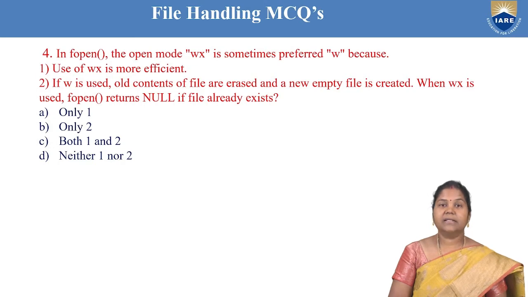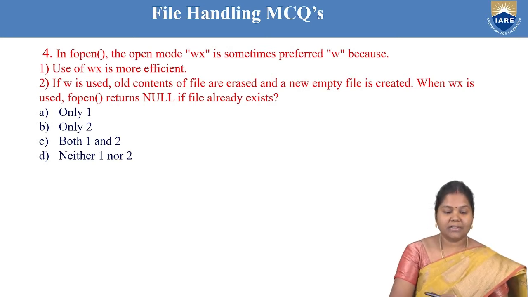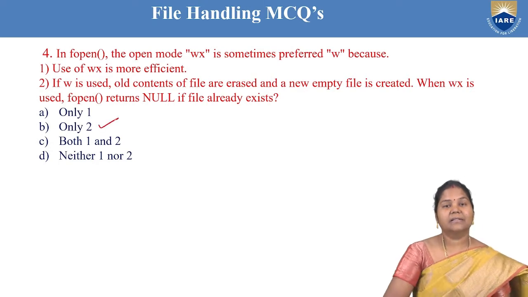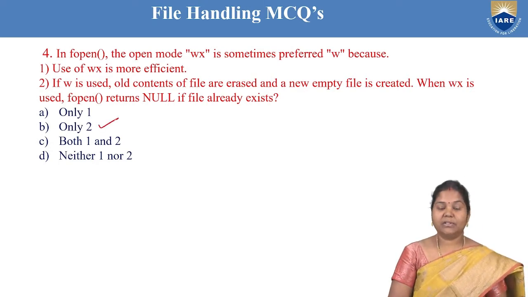The second reason is if w is used, then old contents of the file are erased and a new empty file is created. When wx is used, then fopen returns NULL if the file already exists. Out of these, which is correct? The options are only one, or only two, or both 1 and 2, or neither 1 nor 2. So, the correct answer for this is the B option, which is only 2.